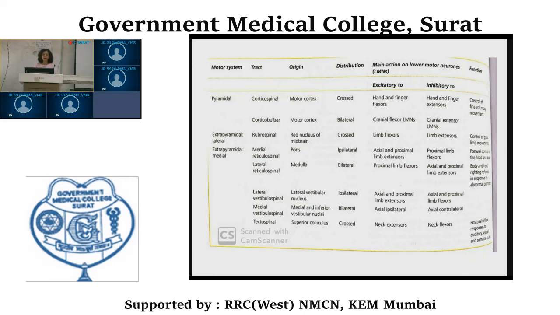This reticulospinal tract, as I had told you, is again classified into the medial and the lateral reticulospinal tract. The medial reticulospinal tract arises from the pons, and its distribution is ipsilateral.